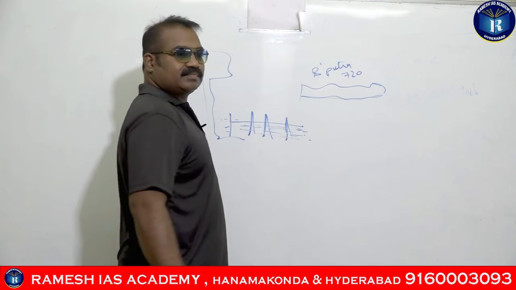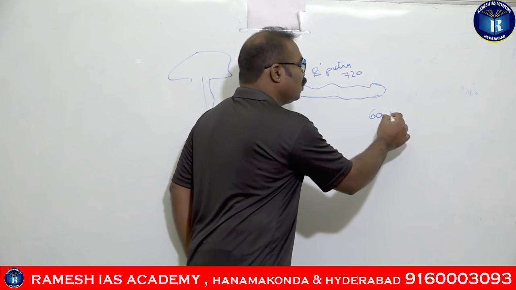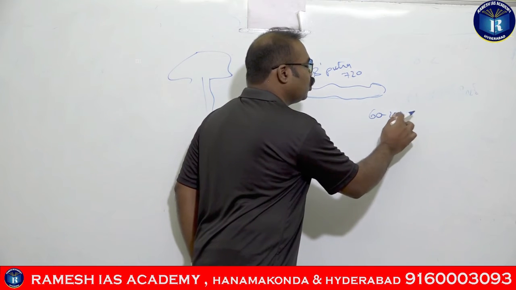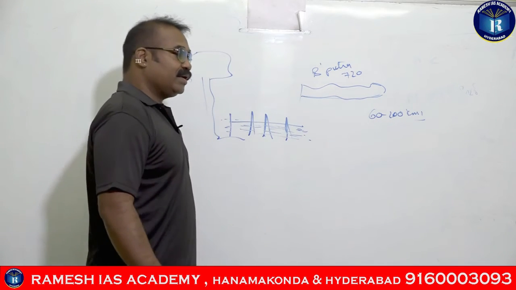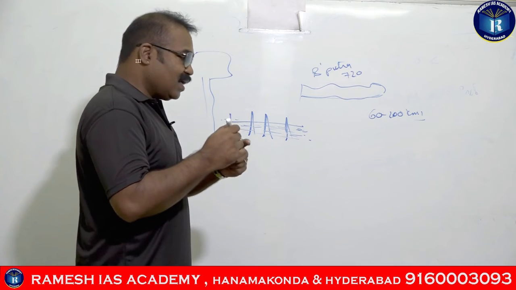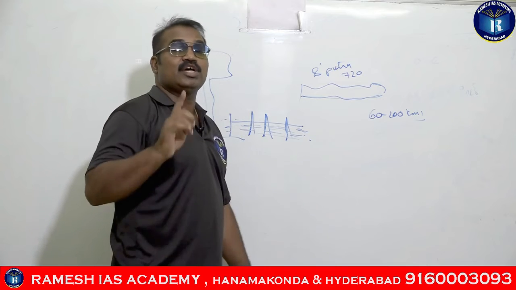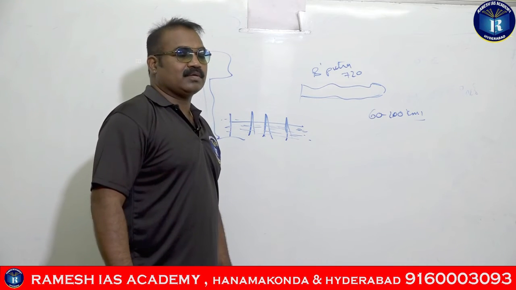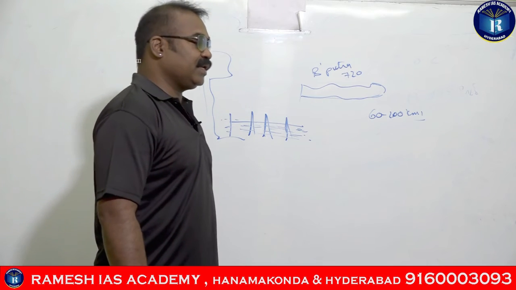The width of these plains ranges between 60 to 100 kilometers. And the gradient, the slope of these plains, is 12 centimeters per kilometer. That is the gradient of the Brahmaputra plain.